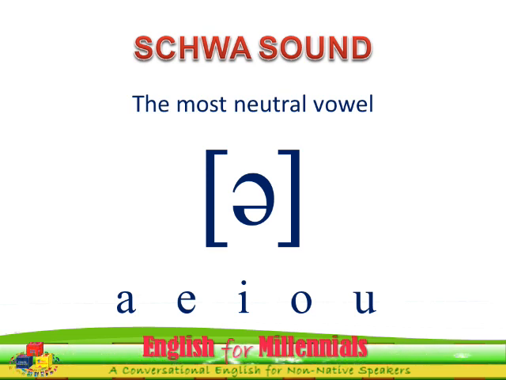In most cases, the unstressed syllables with weak vowels produce this sound. The usual letters include A, E, I, O, U. If we apply the schwa sound, whether it is letter A, E, I, O, or U, it would sound the same.